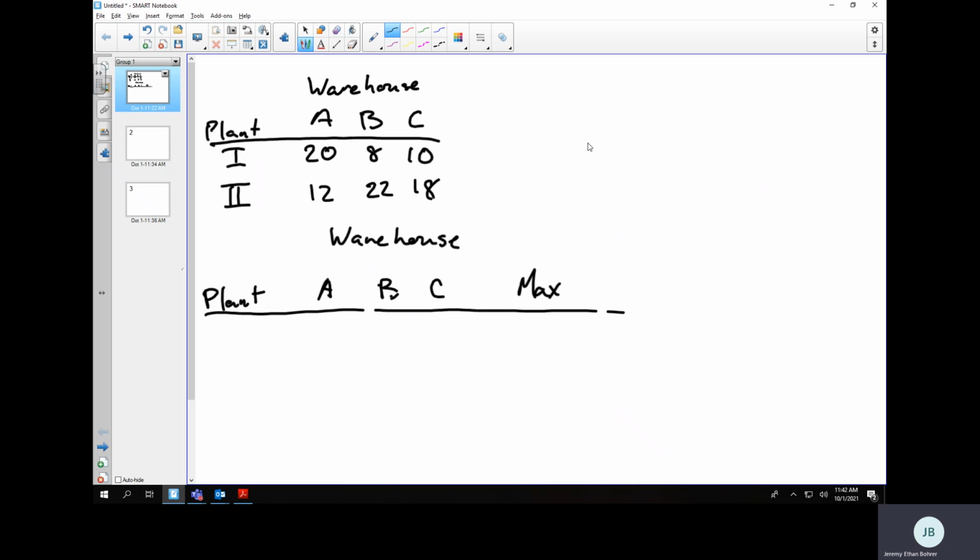Maximum production will also be here. This is the maximum that each plant can produce there. So here is Plant 1. We have X1 for A, X2 for B, and X3 for C. And the maximum production is 400. For Plant 2, not 3, but 2.